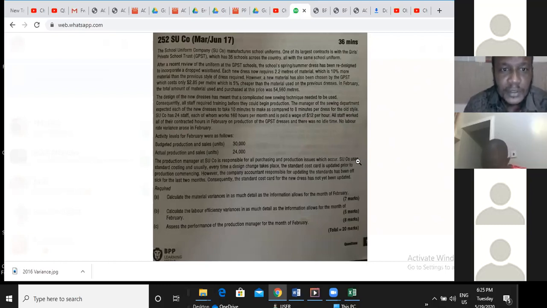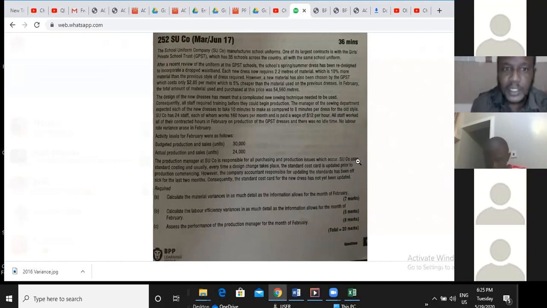Now, the design of the new dresses has meant that a complicated new sewing technique needed to be used. Consequently, all staff required training before they could begin production.